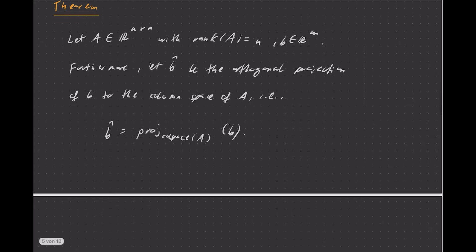And then the theorem says B hat is then the unique right-hand side for which the linear system given by A and the right-hand side has a solution, and such that the norm of B minus B hat is minimized.